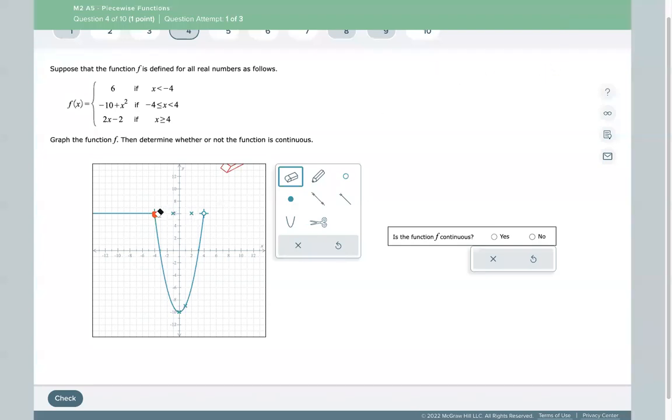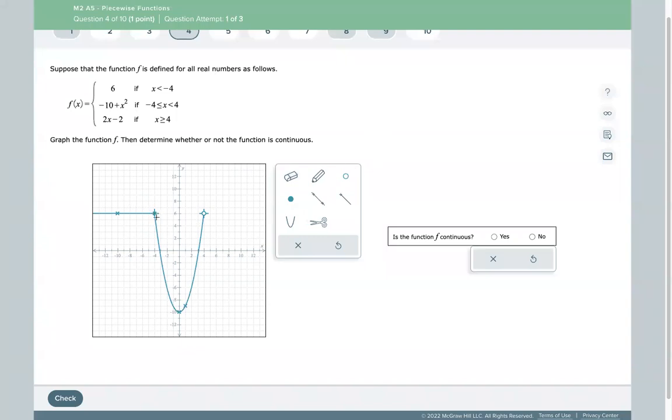Another way to save some time, if you already know that the graph is gonna be like that, you can just sketch it from the start. You can get rid of that, and you can just sketch a line going from this point and to the right. That's another way of doing this if you already know how the graph is gonna be.